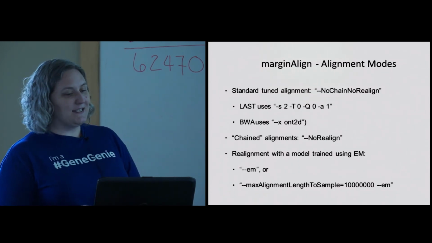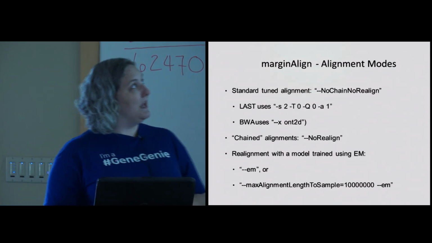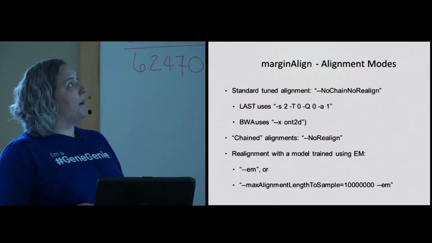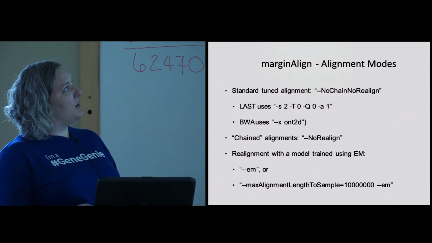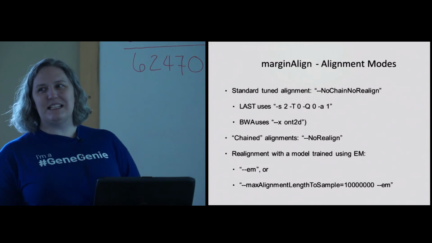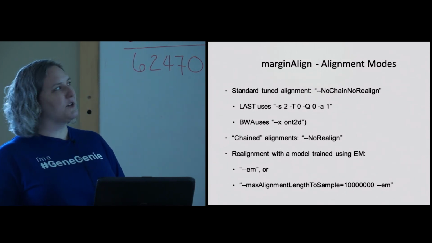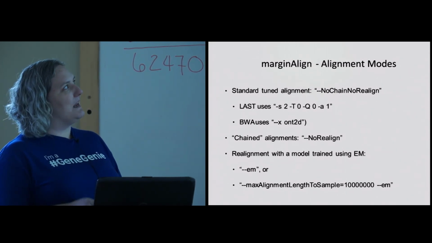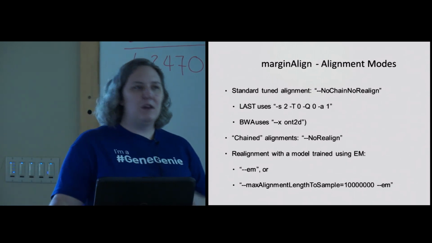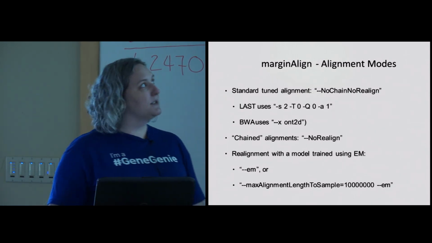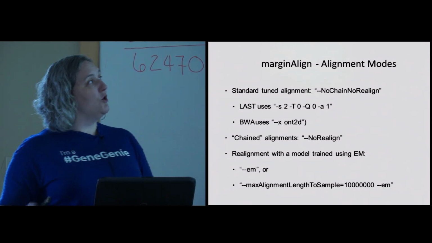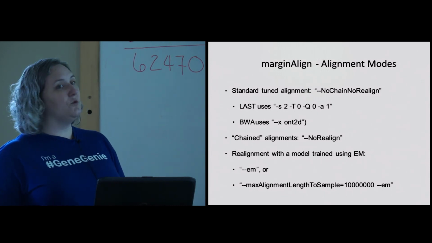Now these are the various different tools that are used in the option, and this is margin align. They have a standard aligner, which uses LAST. LAST tends to be the most popular aligner used for Oxford Nanopore data. These are fairly lenient parameters because we want to account for those errors. BWA has included now their own tuned version for processing Oxford Nanopore.